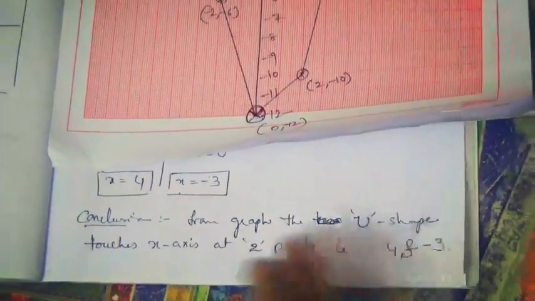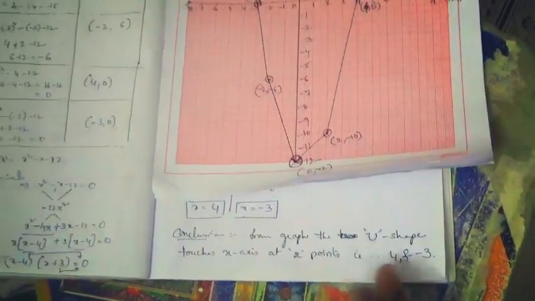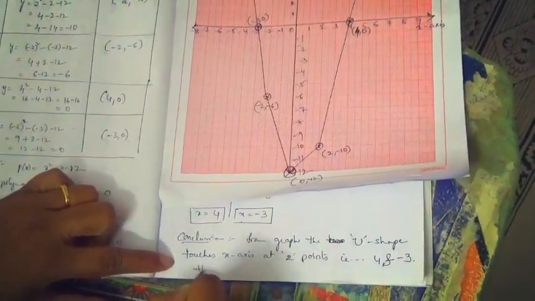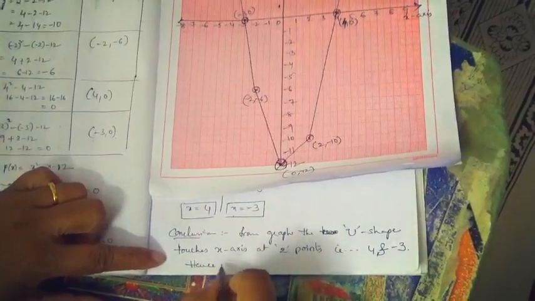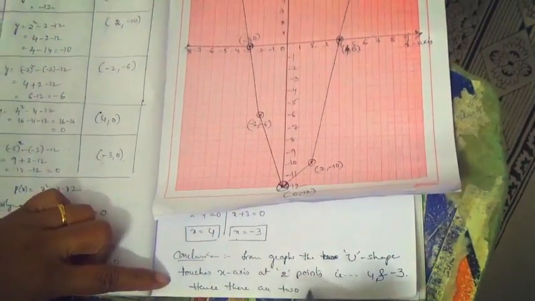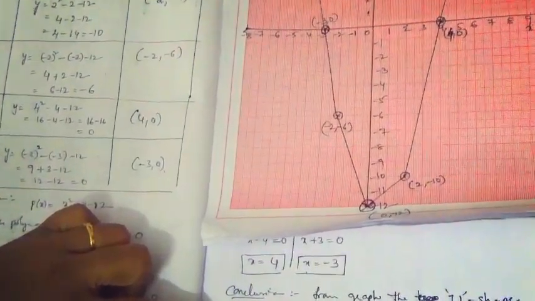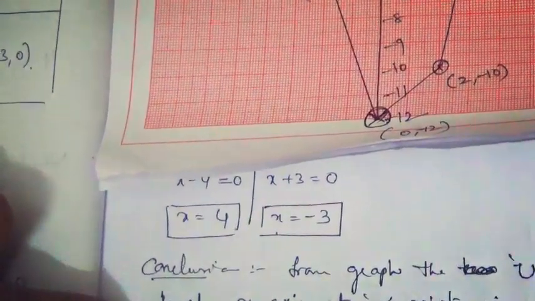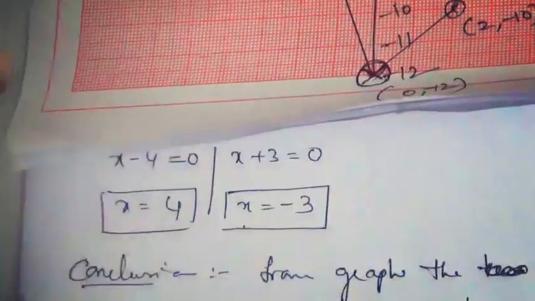From the graph, the U shape touches the x-axis at 2 points. Hence there are 2 zeros for the polynomial. That's it. It is the conclusion for this graph.